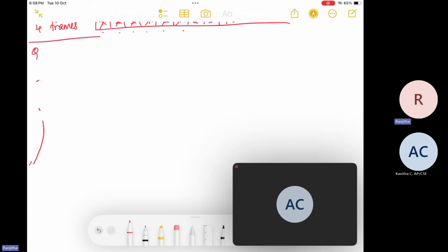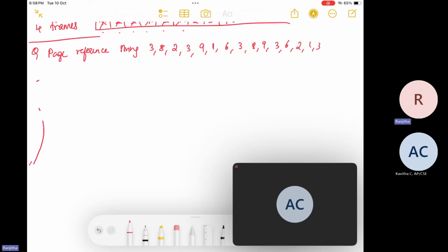So given the page reference string 3, 8, 2, 3, 9, 1, 6, 3, 8, 9, 3, 6, 2, 1, 3.